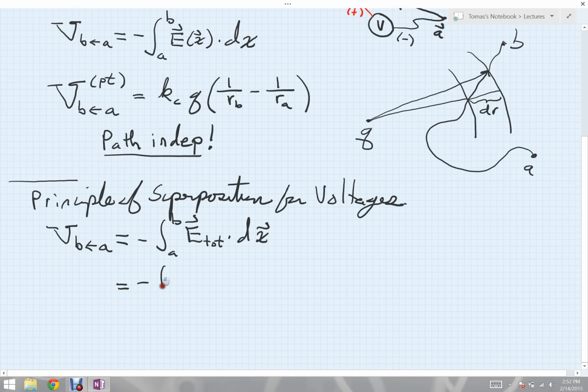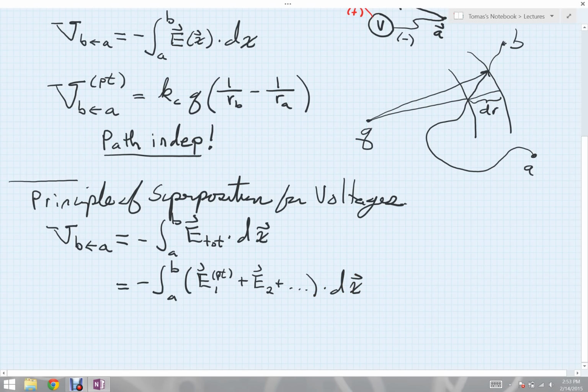That's going to be minus the integral from A to B. And now instead of E tot here, we're going to substitute in the electric field from, say, the first point charge in the system, E sub 1 pt, if you want to call it that, plus E sub 2, etc. And that entire sum then gets integrated dot dx.